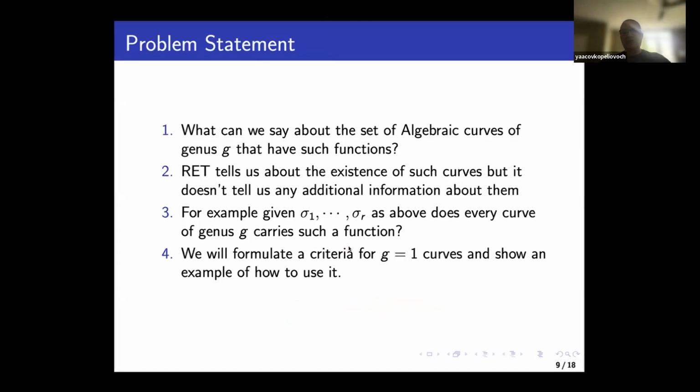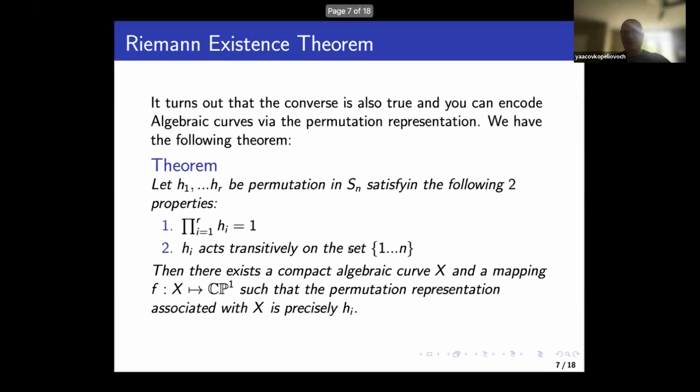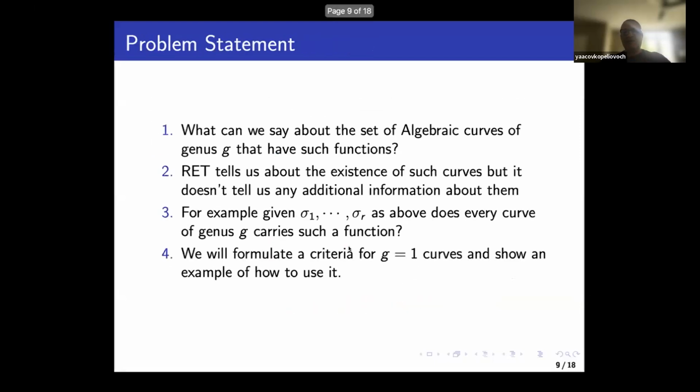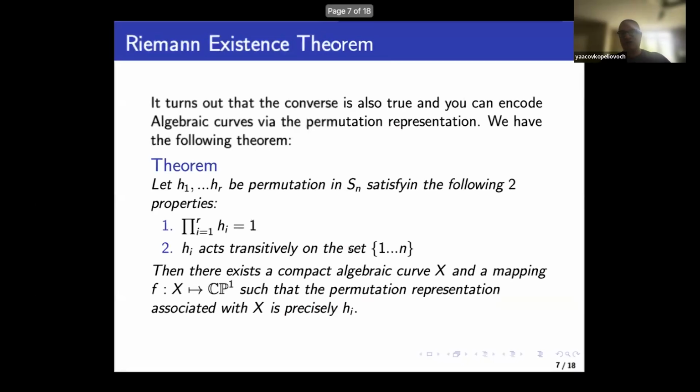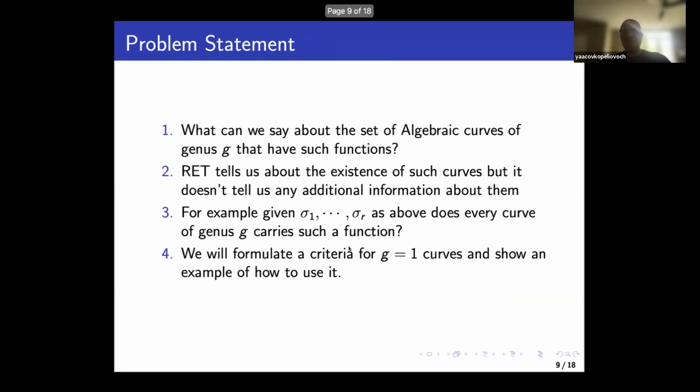Okay, now suppose we have this kind of construction, right? What I want to ask is how many curves carry this kind of function. So we produce one curve, but we want to find more curves like that, or to say something about the set of these curves. So what can we say about the set of algebraic curves that carry such functions?